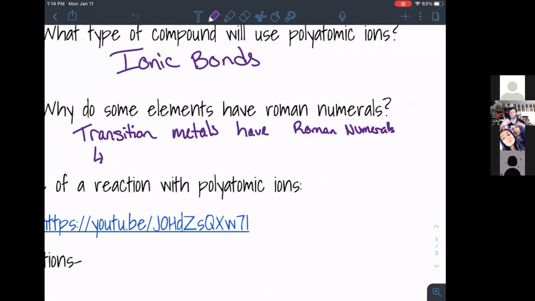So if you see a Roman numeral 2, that means they're going to lose 2 electrons, meaning they're going to have a positive 2 charge.